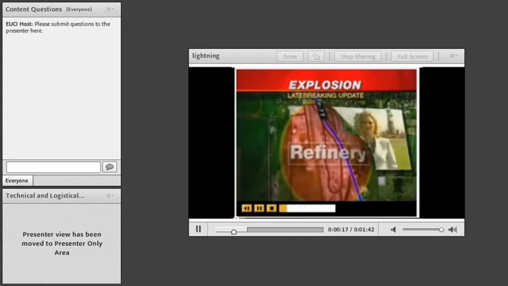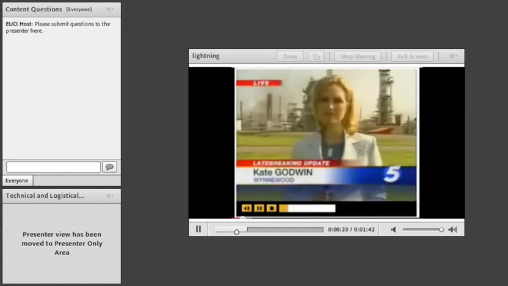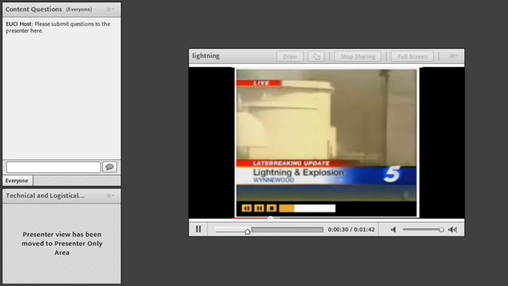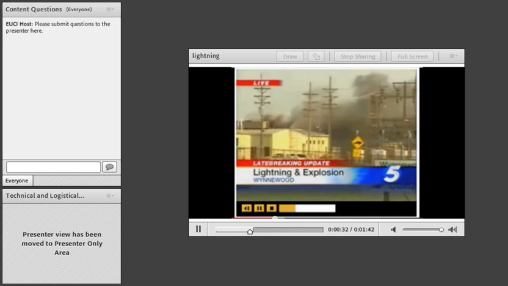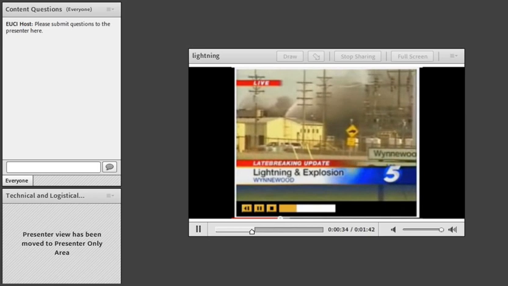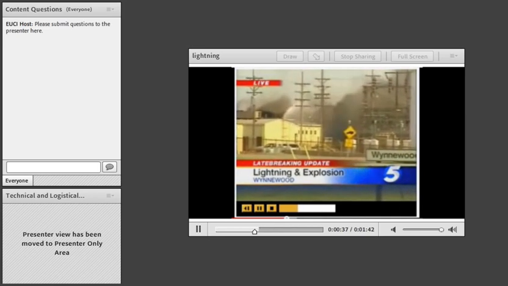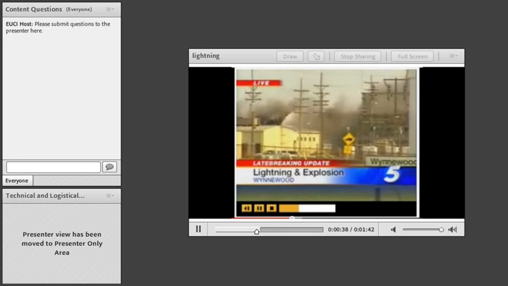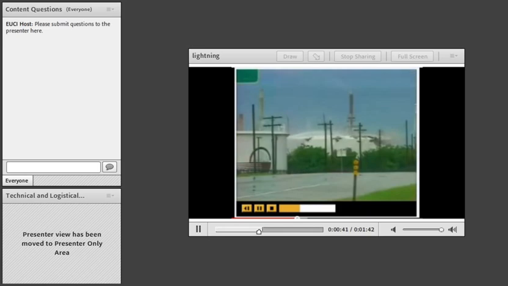Eyewitness News 5's Kate Godwin is now with us live from Wynnewood. Kate, incredible pictures of the flames themselves. I understand crews there are still at work tonight. It is not over yet, Tyler. Workers thought they had this fire under control, but about 4 o'clock this afternoon, the flames and smoke started pouring out of that storage tank once again. Earlier today, we happened to have a storm chasing crew in this area. They came by and were here within moments after the lightning struck.